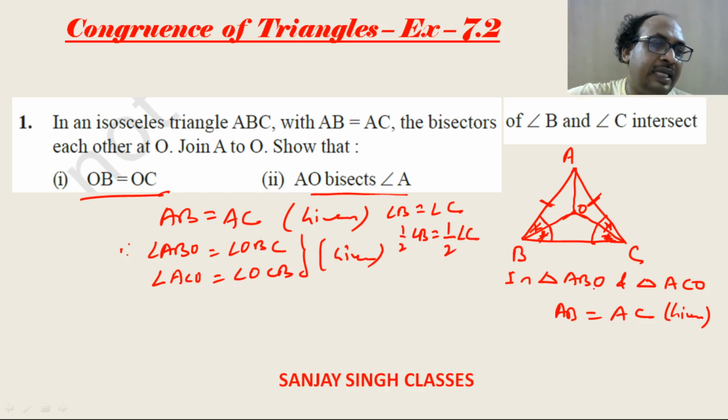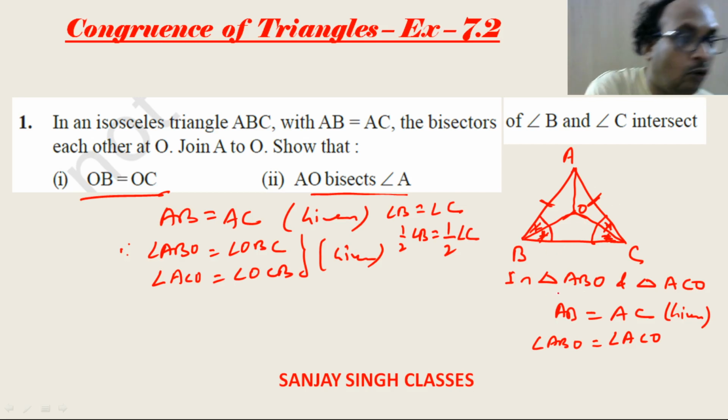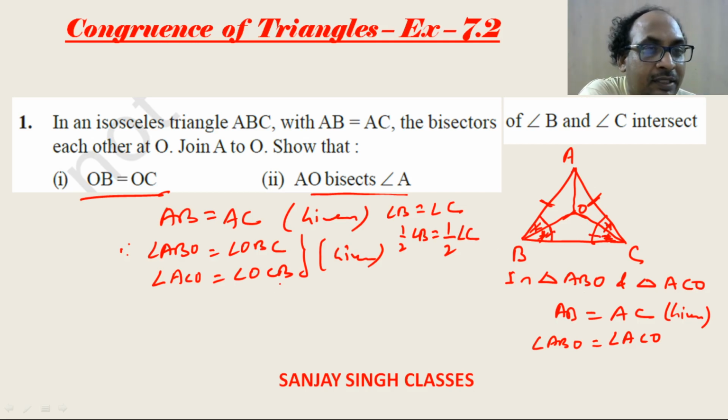Yes, it is there. It means we can say that angle ABO is equal to angle ACO. Very well, it will be equal, right? And another one we do have, and also we can see that half of this angle, so here OB is equal to OC, okay, we will prove later on.